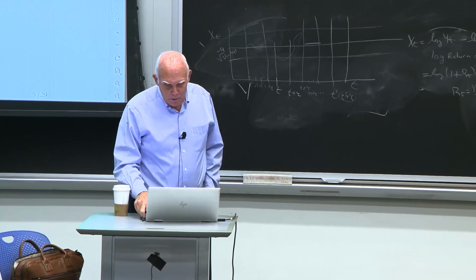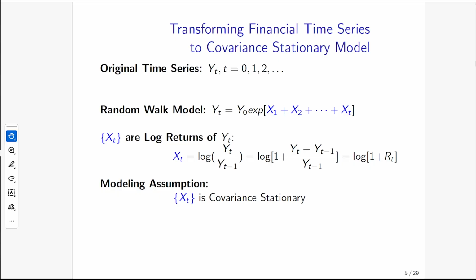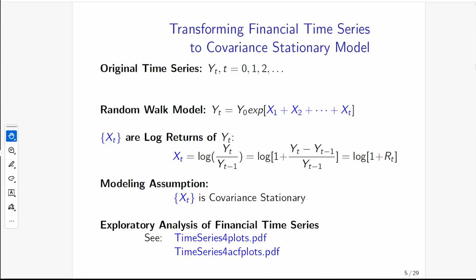So what will commonly be the case is that this sequence of log returns is covariance stationary. And so what I'd like to do next is to look at some time series plots of different financial time series and see whether this transformation to log returns seems to make the series appear stationary.